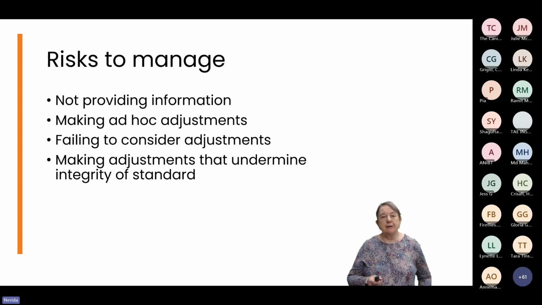RTOs need to avoid forgetting to ask learners if they need support, creating an environment where disclosure feels risky or uncomfortable, and making off-the-cuff adjustments that aren't recorded or shared with the right people. We don't want people to feel unable to voluntarily say, I need help. We need to be clear, and we need to make sure that we don't wait too long. We want to offer help when the learner needs it.